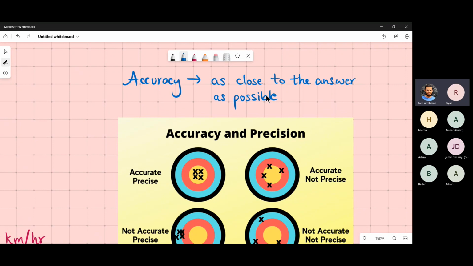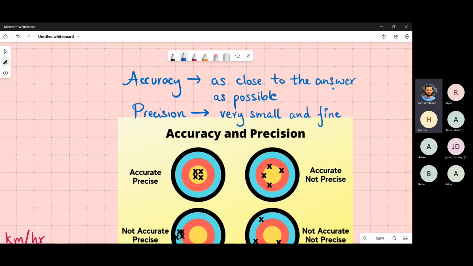But what is precision? As close to the tries as possible. Precision means very small and fine values. They can be correct, they can be wrong, but they are very fine values, like 1.238 centimeter.